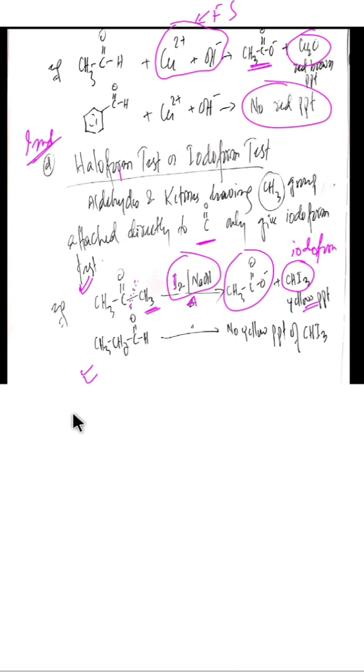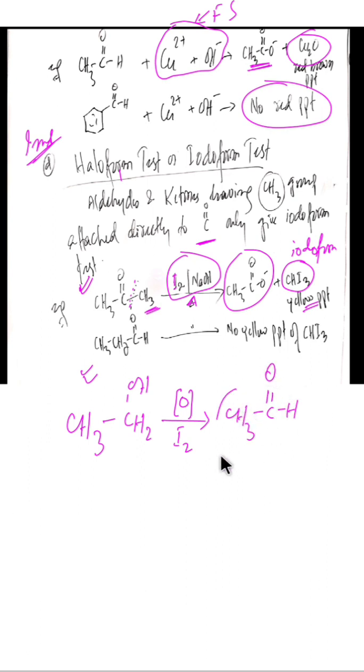Iodoform test is also given by those alcohols on oxidation of which with halogen iodine. Iodine is an oxidizing agent actually. So on oxidation of this alcohol, we are going to get this aldehyde.